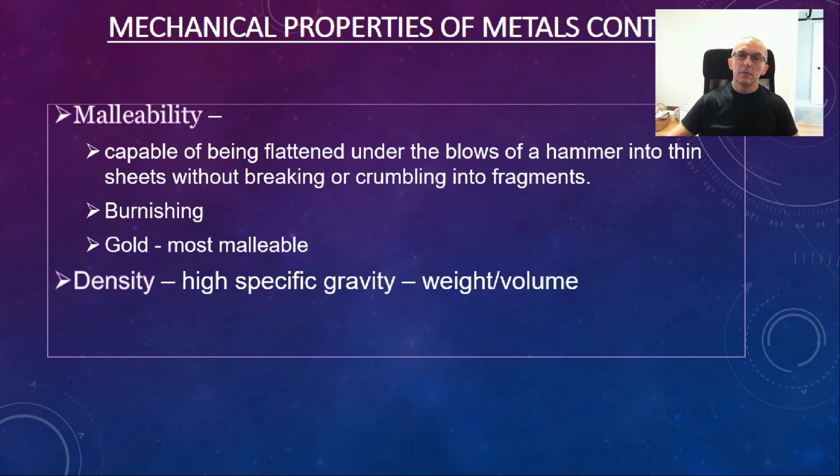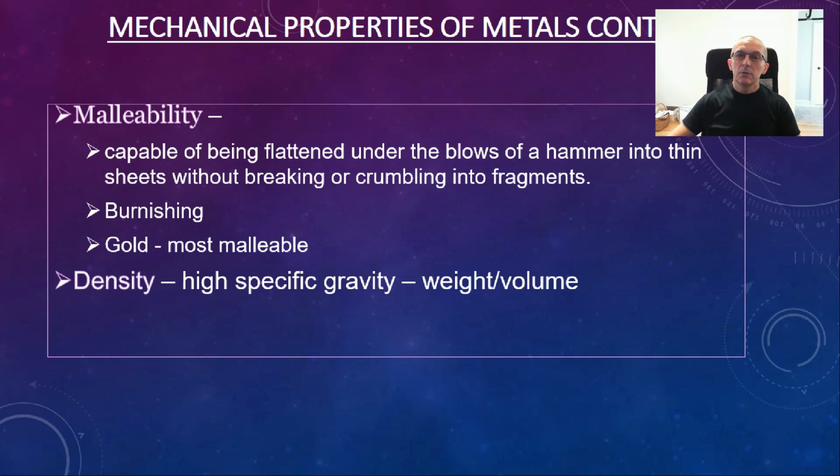Density is another property. It's a physical property, high specific gravity. High specific gravity means high weight for a given volume. This is where the atoms are very close together and they have a higher atomic weight, so the whole metal becomes a much heavier metal.